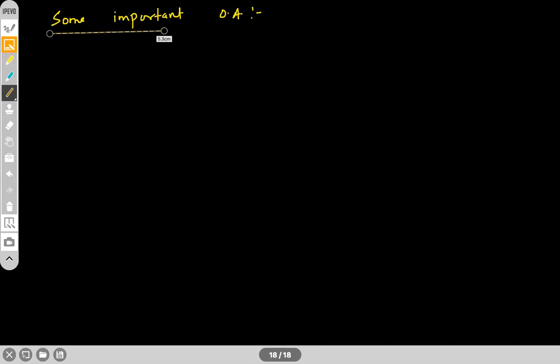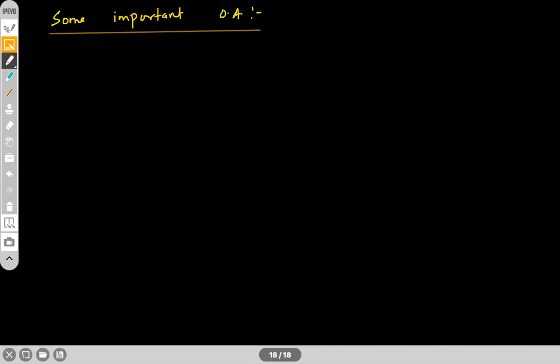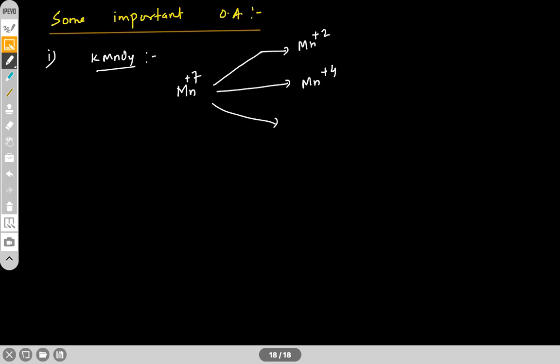Oxidizing agents: this you have to memorize. Important, you cannot miss this. The first one is KMnO4. You see, manganese here is in +7 oxidation state, and the change of manganese to +2 is possible, +4 is also possible, and +6 is also possible.